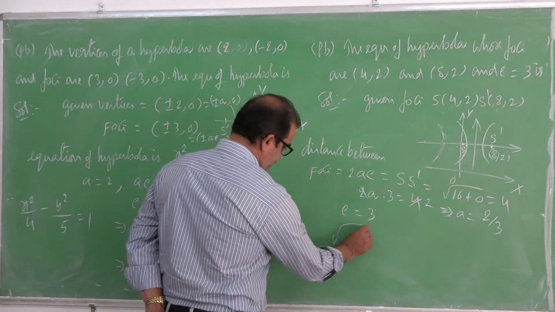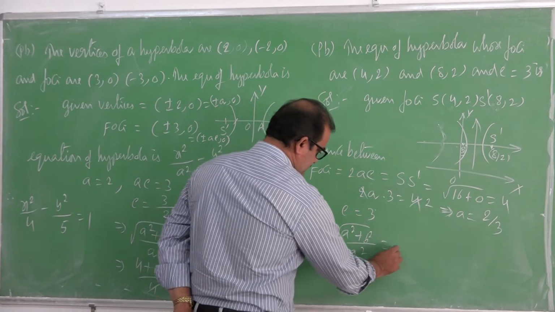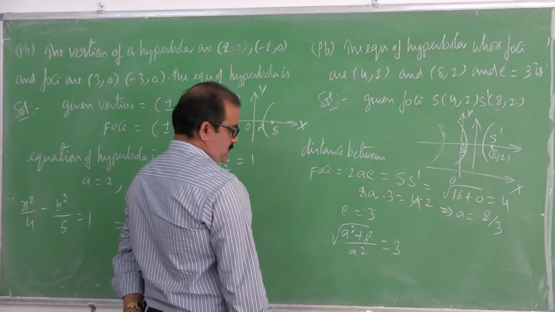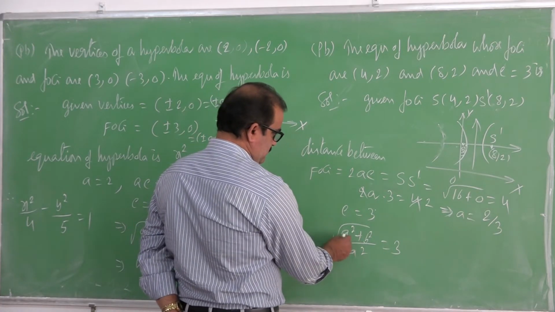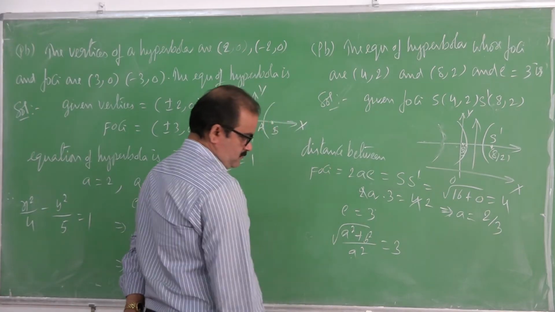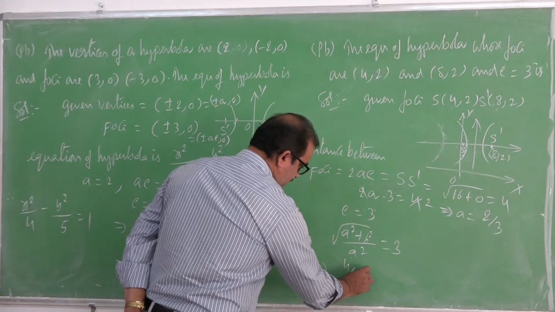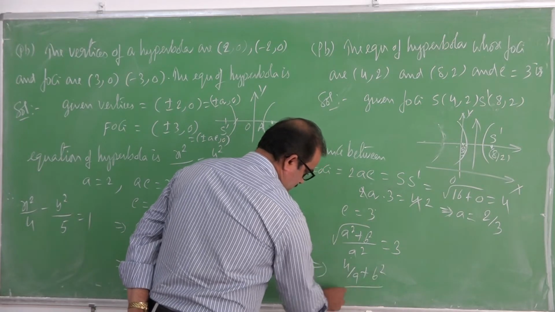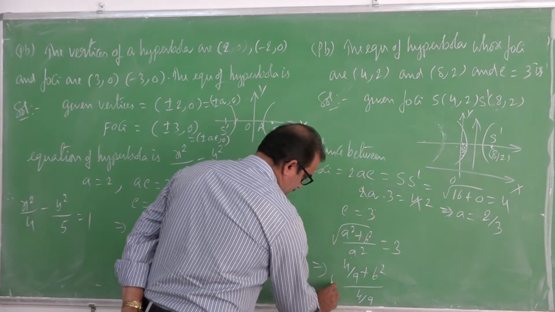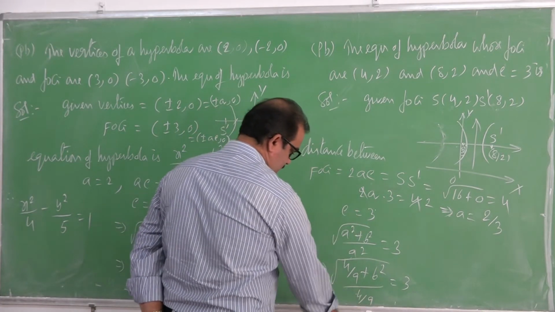What is the formula of eccentricity in hyperbola? Root of (A square plus B square) by A square is equal to 3. In this substitute A value, A square 4 by 9 plus B square by 4 by 9 is equal to 3. Root 4 by 9, 2 by 3.